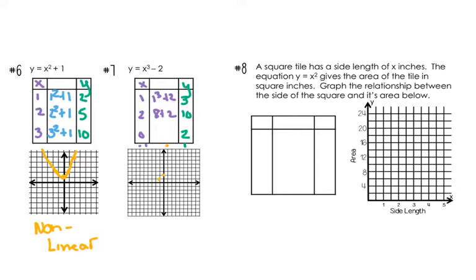And then, oops, that should be over here. Sorry. And then 1, 3. Okay, so we see we get something that looks like that. And that's nonlinear.